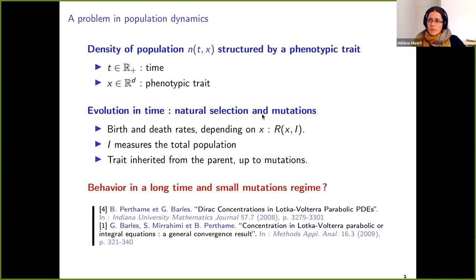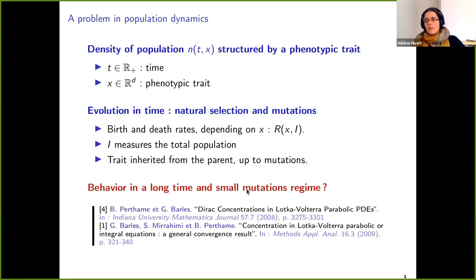The second phenomenon that appears is mutations. In this talk and in this work, we consider a toy model in which the mutations are described by a diffusion around the trait of the parent.